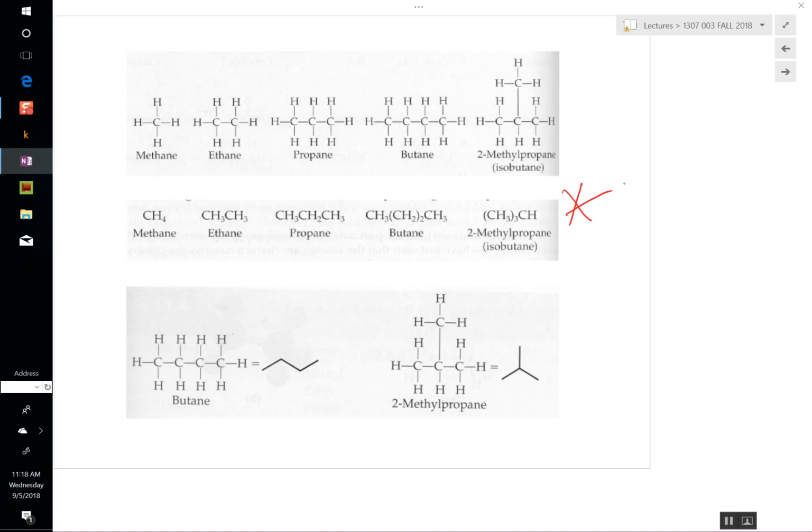Well, let me introduce it right now. Notice that this molecule has 2 names. It has 2 names. Well, we'll come back. This is the IUPAC name. That's the IUPAC name of this. So let's get familiar with IUPAC names.